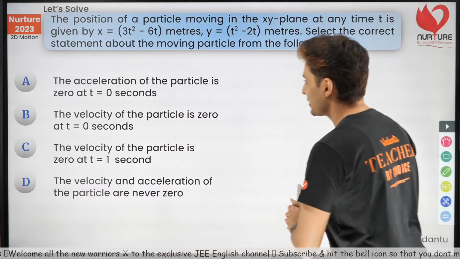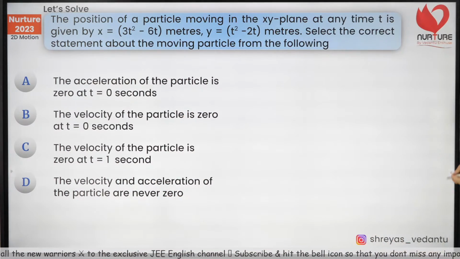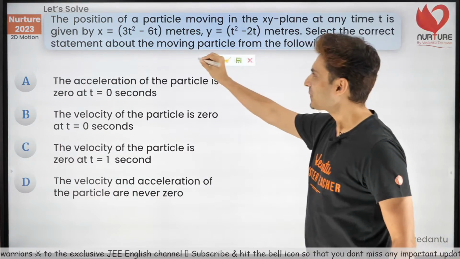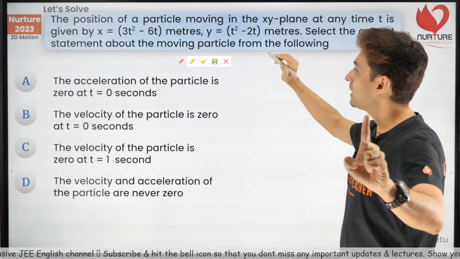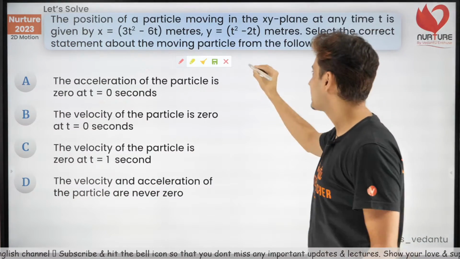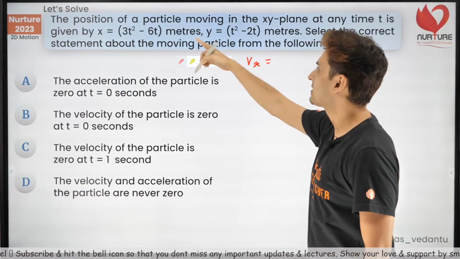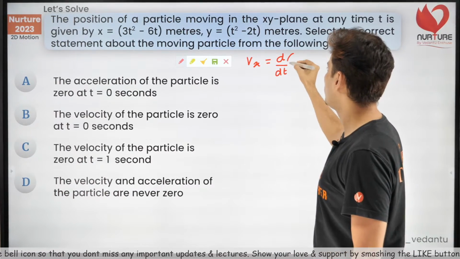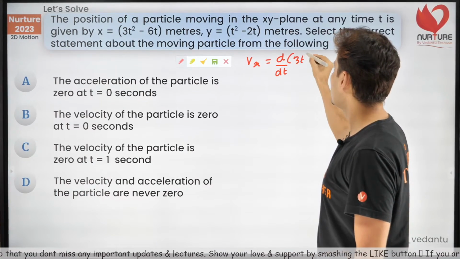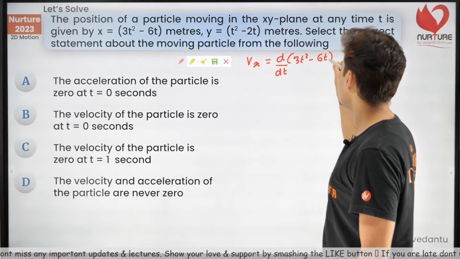Okay, so let's go ahead and see what we can do. X is given, Y is given. I think we'll first figure out what is Vx and what is Vy. Vx, take differentiation: d by dt of 3t square minus 6t.